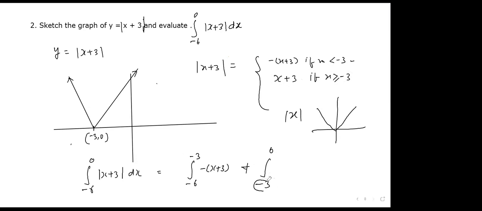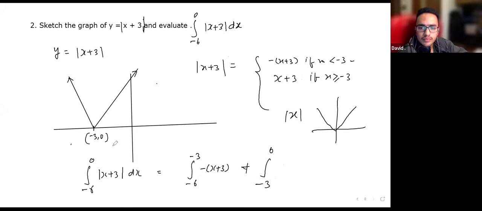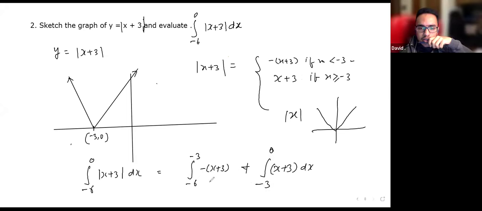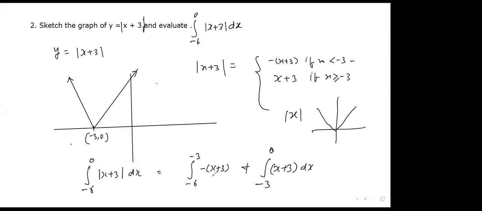This is the lower limit, this is the higher limit. So this will be x plus 3 dx. And then we have to integrate both, sir. Yes. Now you just need to integrate them.